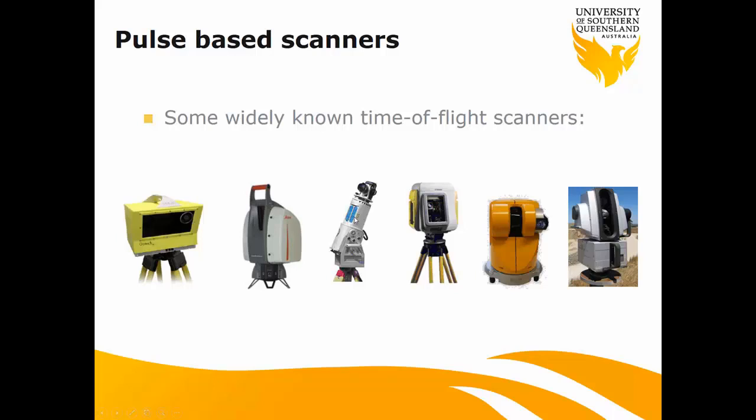Riegl is commonly used in Australia. For example, the Queensland Government Remote Sensing Centre uses this kind of laser scanner for forest scanning. Quite a different design. You can see a digital SLR mounted on top of this laser scanner.